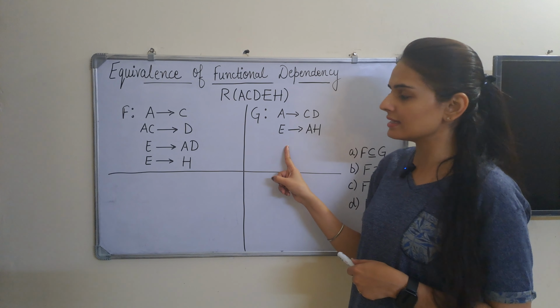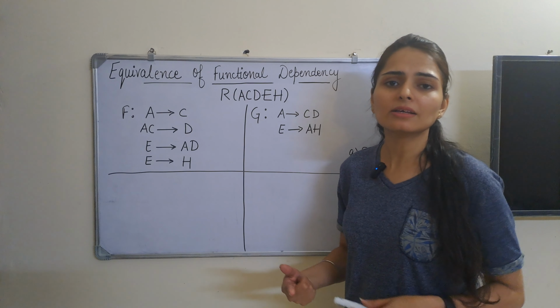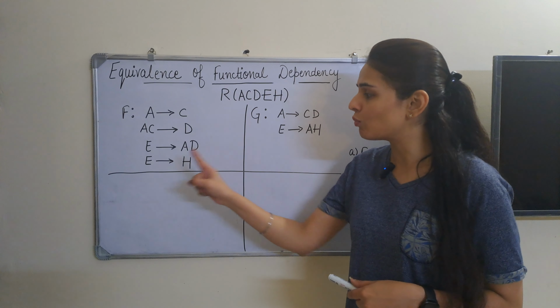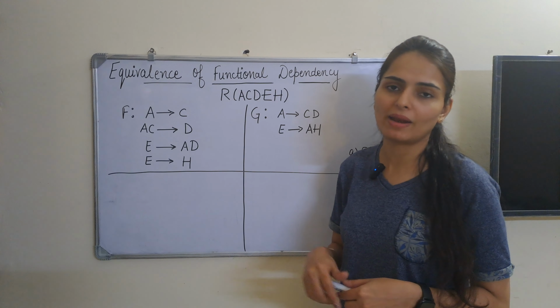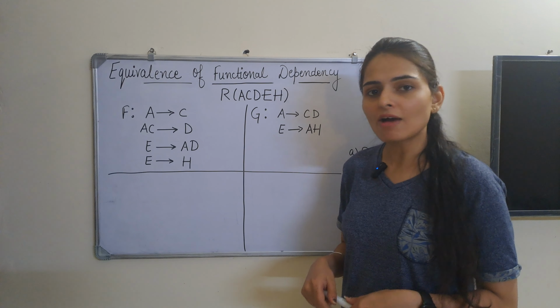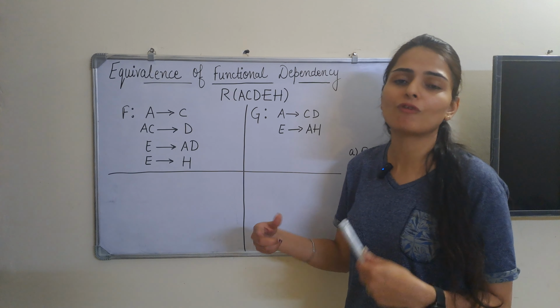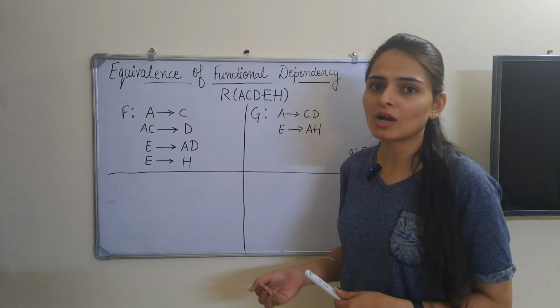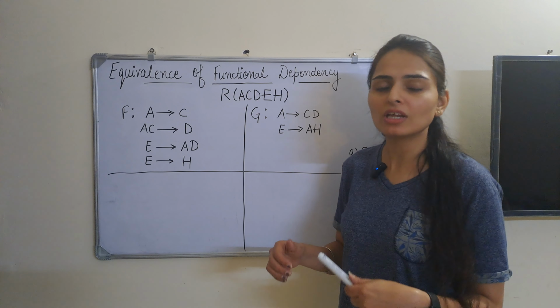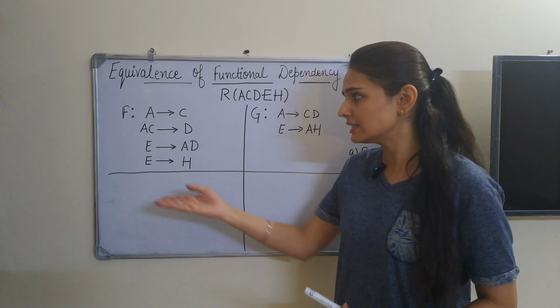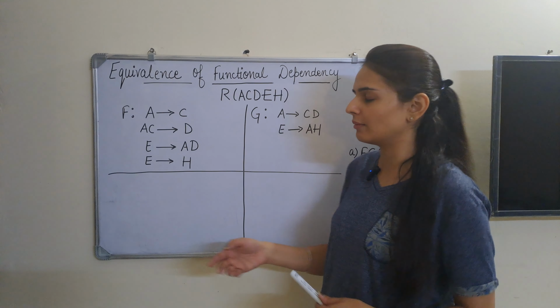Now for implementing the project, we have to proceed with one among these two sets. So we have to compare these two sets of functional dependencies to find out which set is better, and we need to proceed with that particular set.